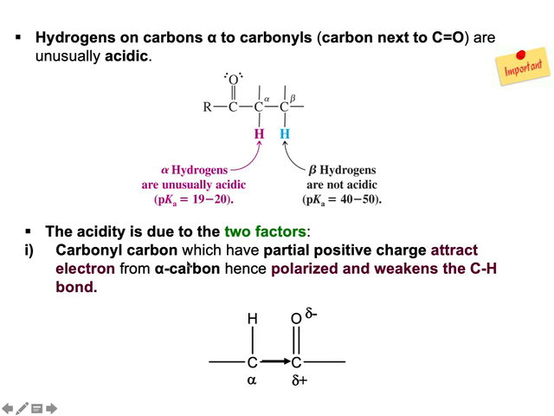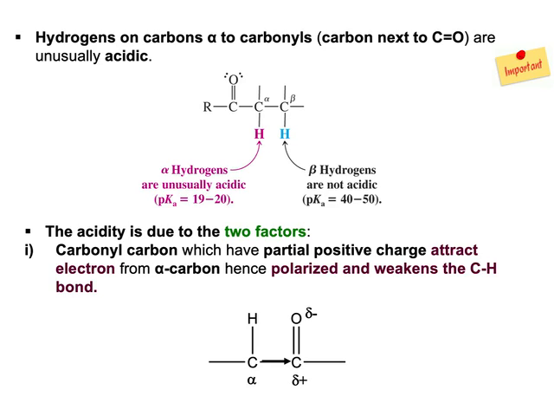First, the carbonyl carbon, which has a partial positive charge, attracts electrons from the alpha carbon. It means C double bond O, we know about electronegativity. So this carbon becomes electron-poor, and the oxygen has a higher density of negative charge. So we call it the partial positive charge. It attracts electrons from the alpha carbon, because this carbon has a partial positive charge.